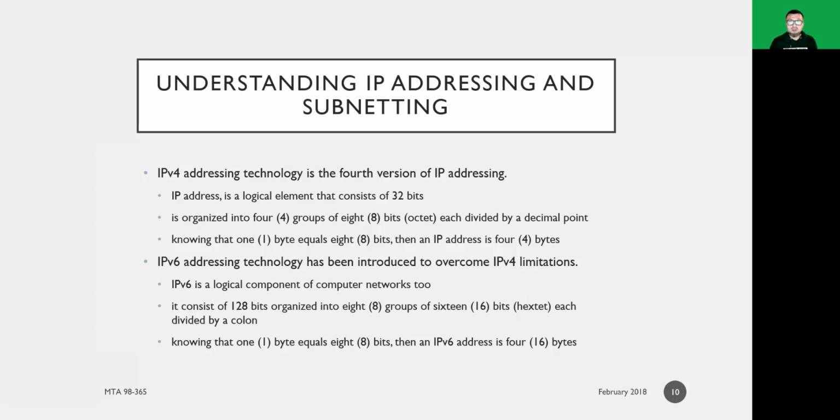In terms of the IP addressing, we have IP version 4 and IP version 6. IP version 4 is 32 bits or 4 bytes, and IP version 6 is 128 bits or 16 bytes. The representation is dot decimal for IP version 4, and hexadecimal for IP version 6.